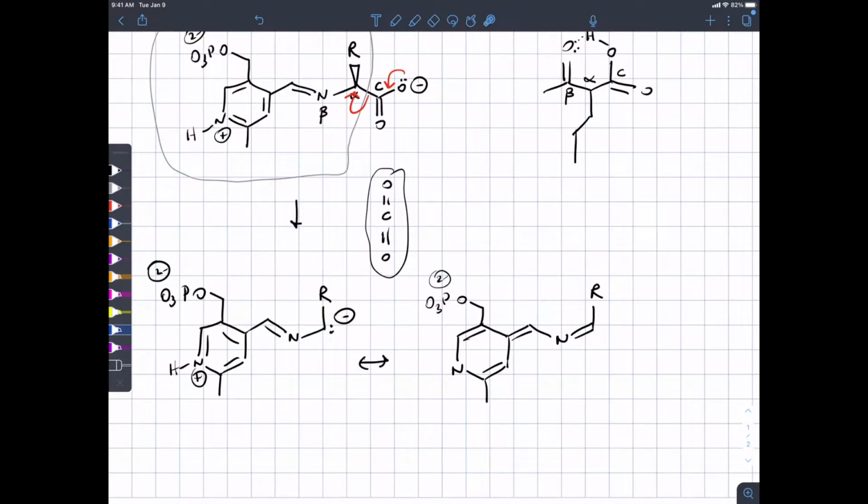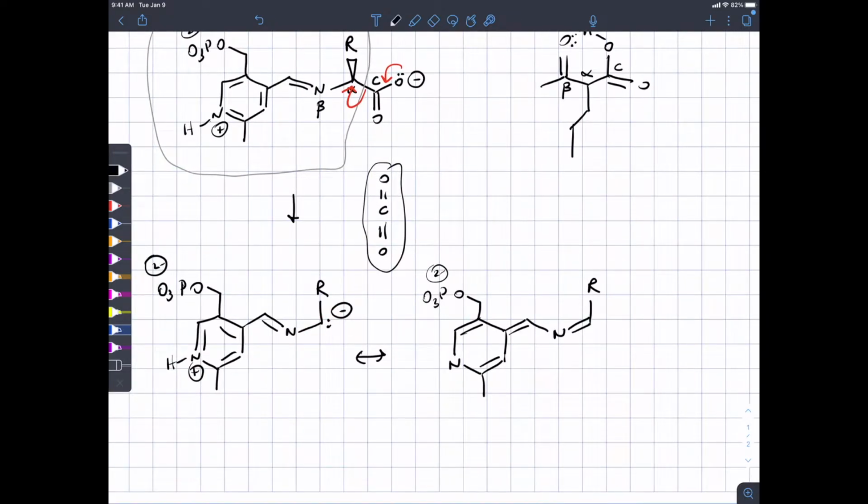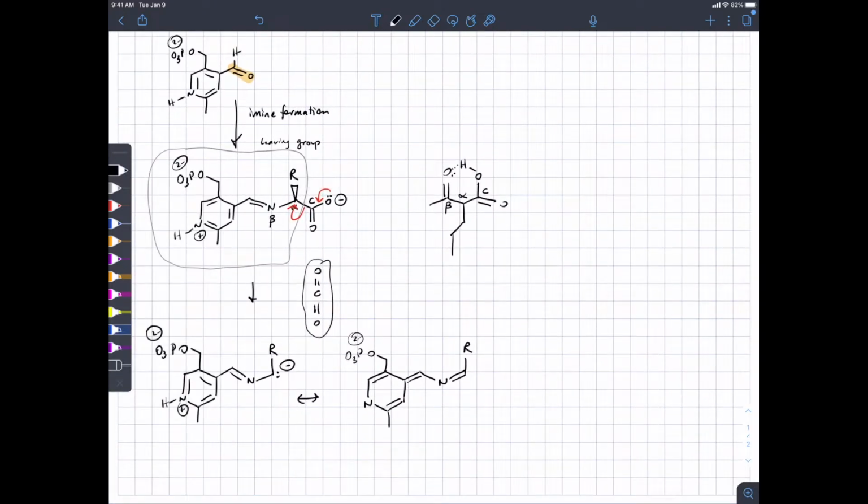So getting to histamine at this point is a matter of protonating the alpha carbon to give us, I was going to copy and paste, but I decided not to.